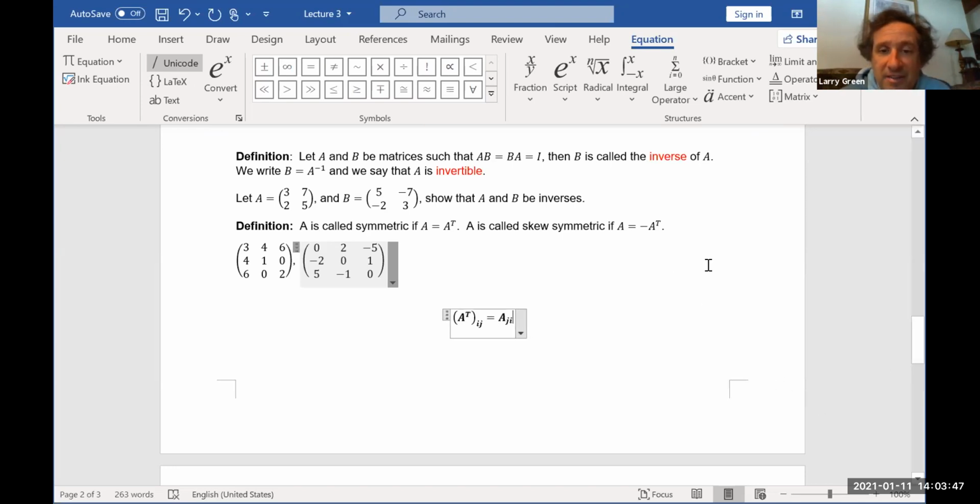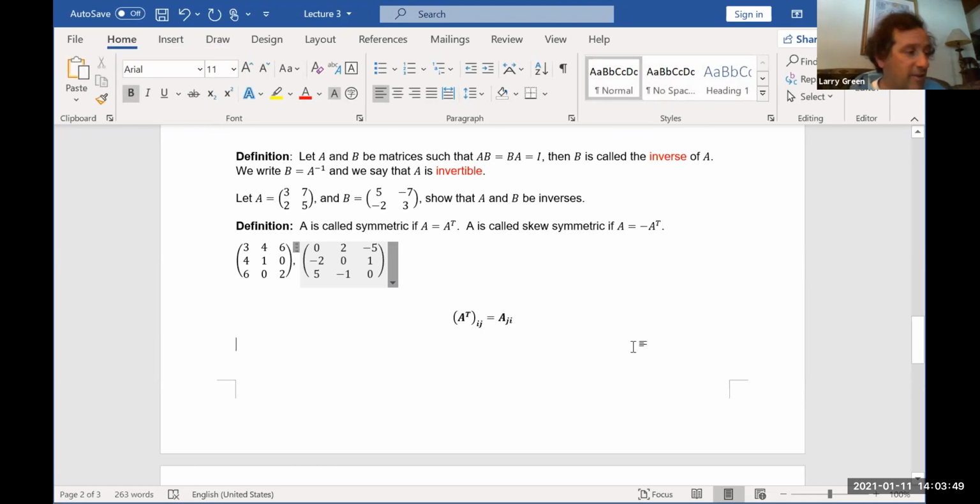So that's the definition of transpose. So you take the transpose by switching the ijth component, and it means that all rows become columns and all columns become rows. Because remember, I is row element, j column element. Any questions on that?